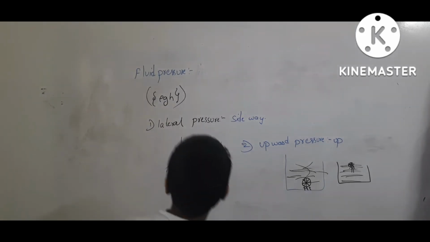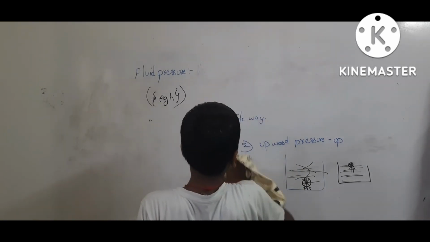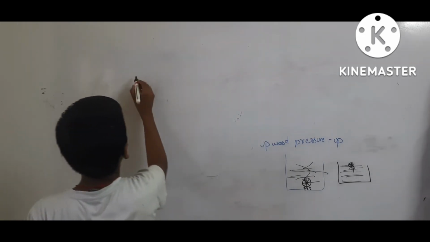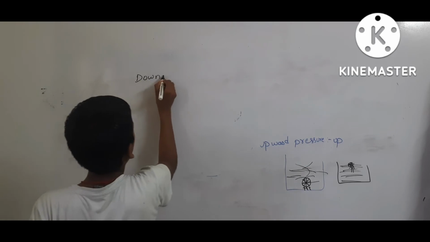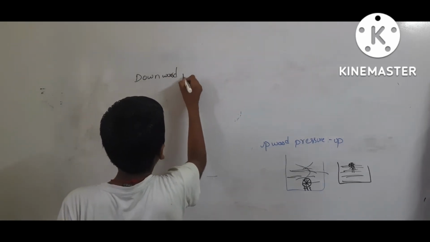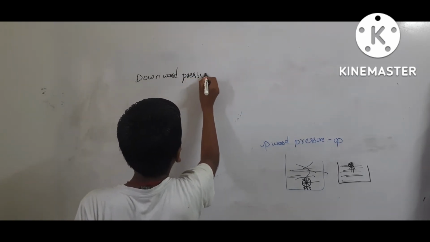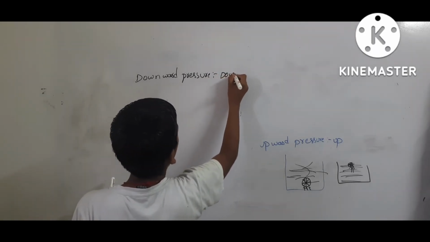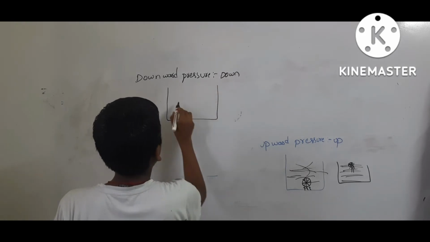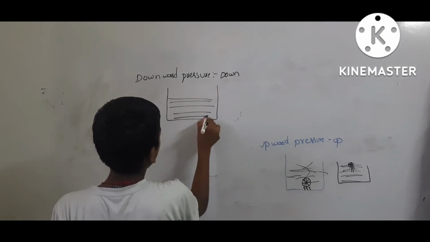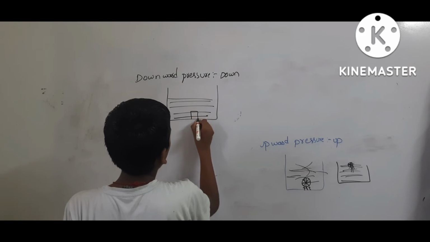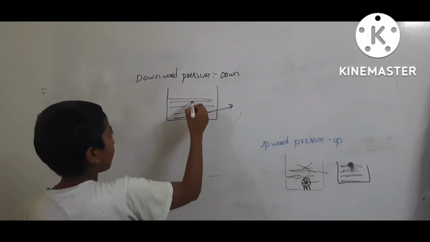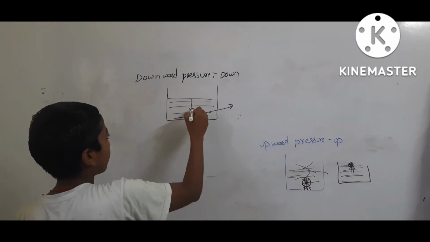And the third type is downward pressure. Downward means down. Diagram: this is a container filled with water, and we take an iron bar and throw it in, and it goes fast to the ground.